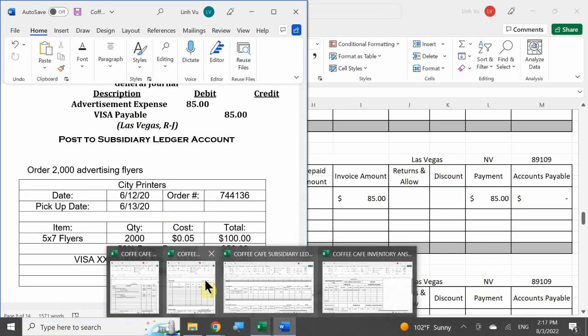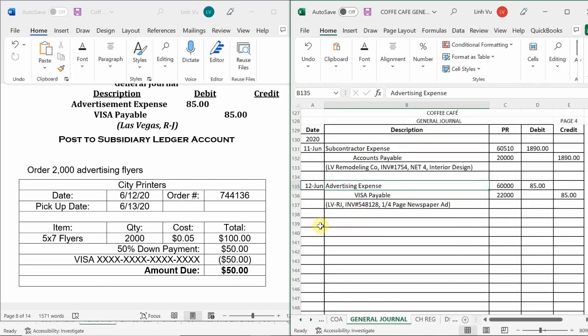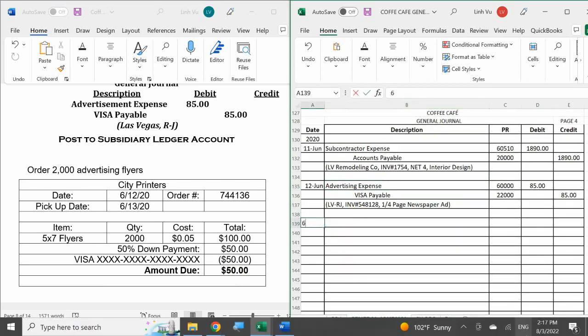Prepaid accounts. Prepaid accounts. And how did I pay? Visa payable. We end up paying with our credit card once again. So we have prepaid accounts because we made a down payment, and we also paid with our Visa credit card.